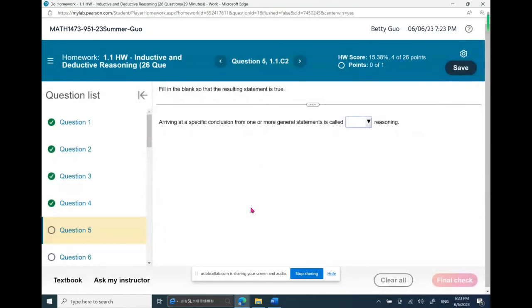Fill in the blank. Arriving at a specific conclusion from one or more general statements. So arriving at specific from general. So from general to specific, is this inductive or deductive reasoning?